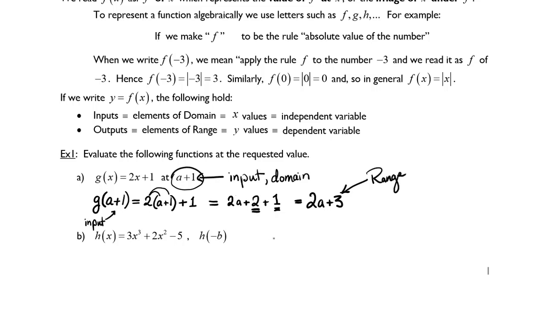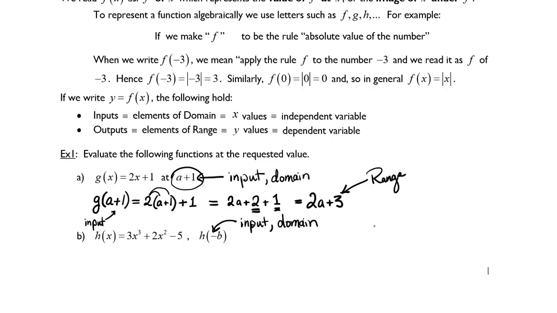All right, moving on to example 1b. If you have h of x equals 3x cubed plus 2x squared minus 5, and you want to find h of negative b, that means that negative b is your input. You can also call this the domain.